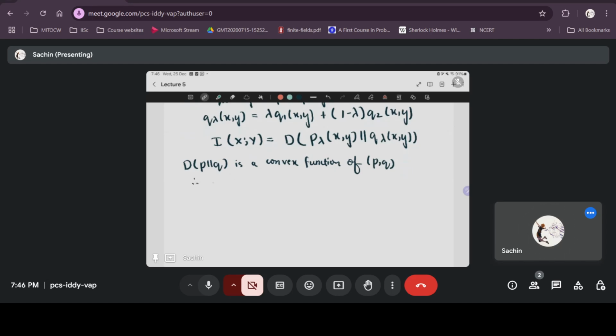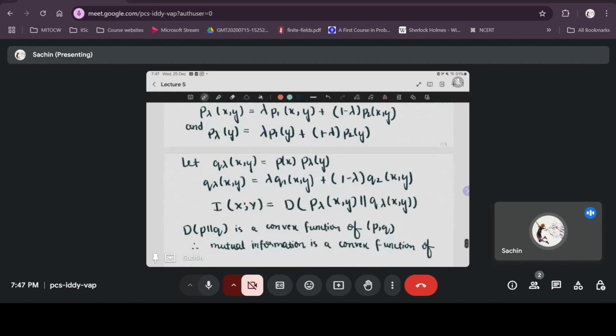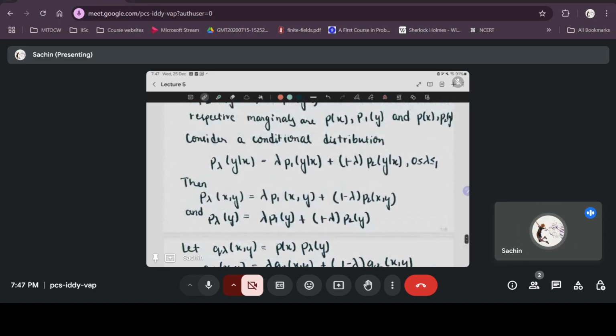Therefore, mutual information is a convex function of p comma q in this case also, but for a fixed p, since p of x is fixed, then p of x comma y is a function of p of y given x, and p of x p of y is also a function of p of y given x.